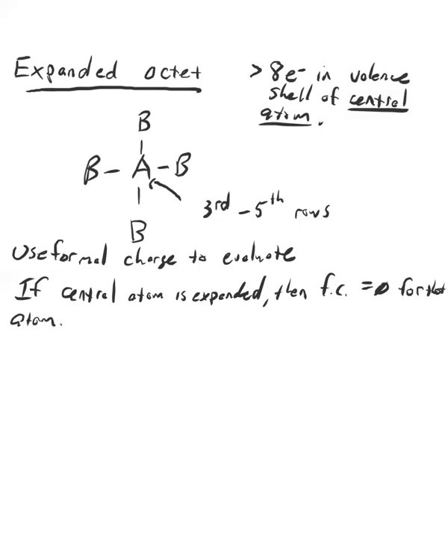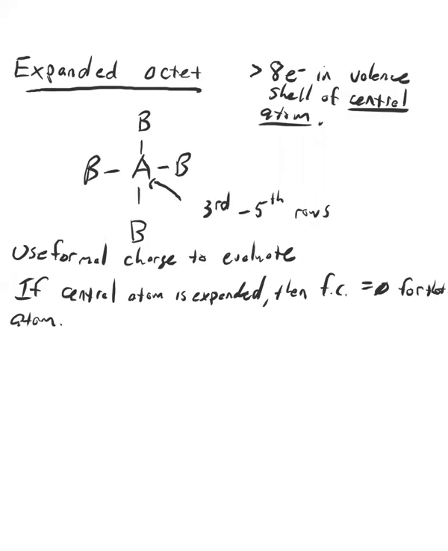Okay, so in other words, if you're trying to figure out whether the best Lewis structure is expanded octet for the central atom, just use a formal charge calculation. If you come up with a Lewis structure with an expanded octet, and then you do a formal charge calculation, you get 0 for that central atom, that means you got the correct structure. If you end up with an octet rule and you do a formal charge calculation and you don't get 0, that means you need to then convert it to expanded octet.